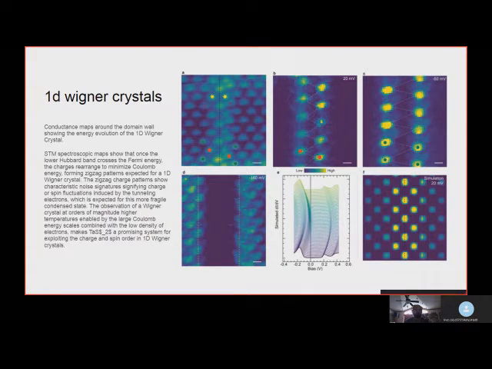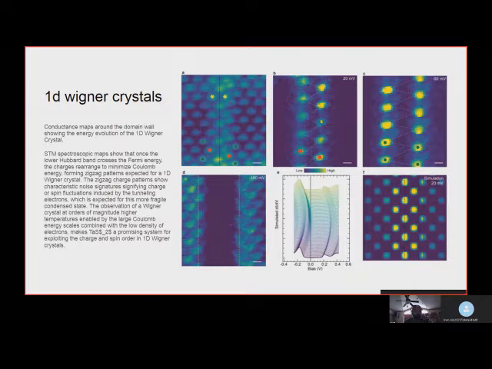STM spectroscopic maps show that once the lower Hubbard band crosses the Fermi energy, the charges rearrange to minimize Coulomb energy, forming zigzag patterns expected for a 1D Wigner crystal. The zigzag charge patterns show characteristic noise structures signifying charge or spin fluctuations induced by the tunneling electrons, which is expected for this more fragile condensed state.